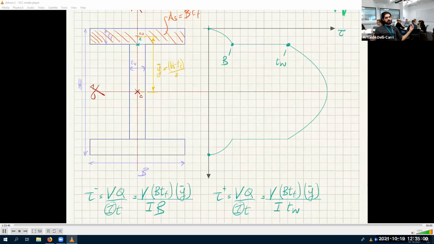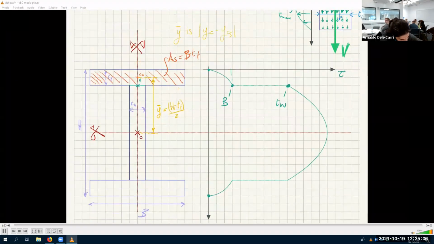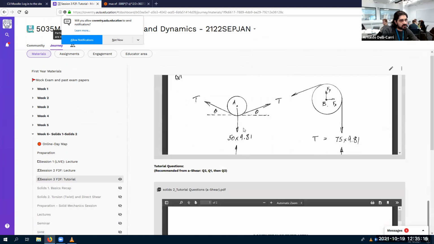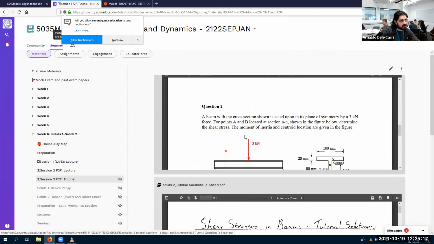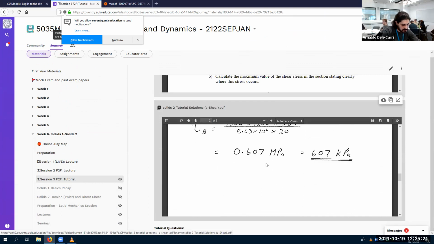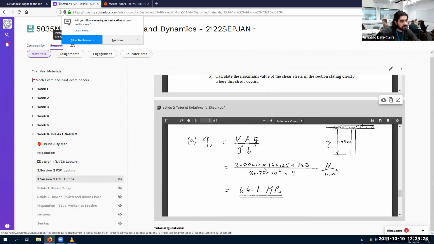If you come from one side, you get this, which is a number. And that number is, let me find the solutions. Which question is this? Question 3. 64.1 megapascals.